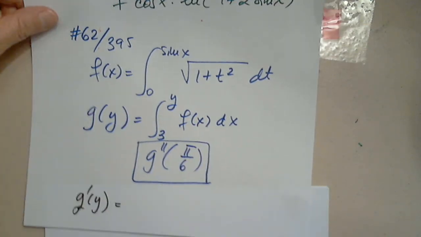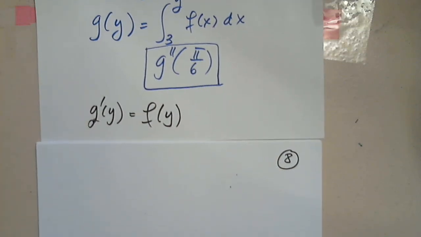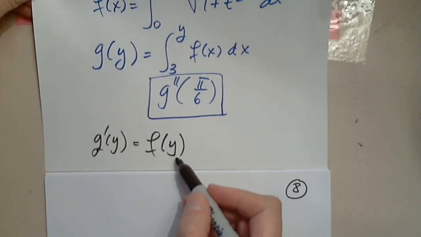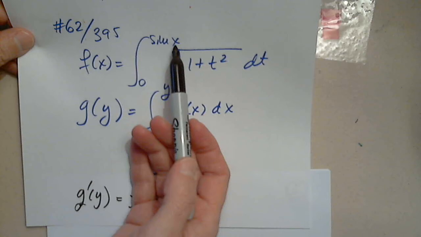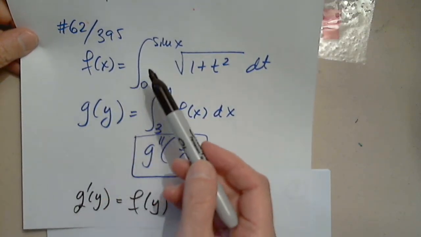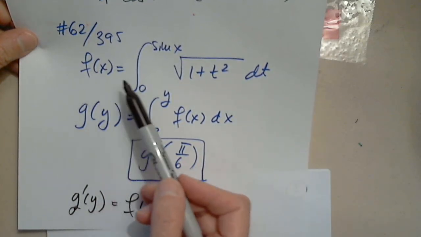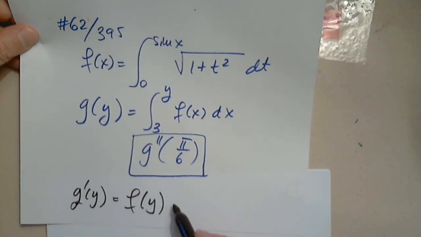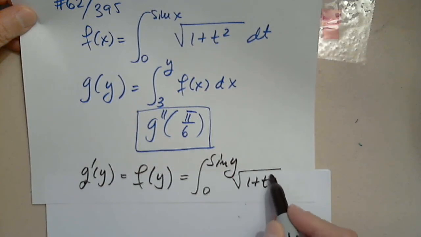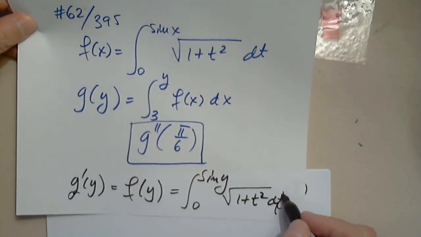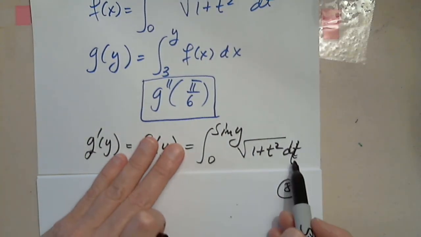F of y. That's it. So I found the first derivative. I'm happy. But what does f of y mean? Is this with y in it? If f of x is the integral from 0 to sine x of the square root of 1 plus t squared dt, f of y will be the integral from 0 to sine y of the same thing.